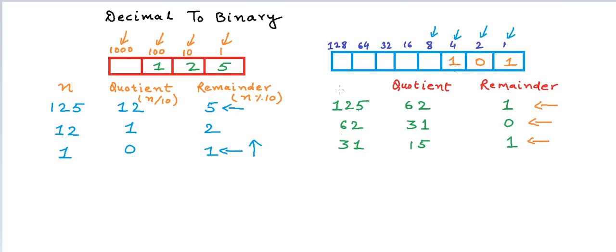So if we say that this particular column, the leftmost column, is n, then the quotient can be calculated as n by 2, and we take only the integral part of it, and the remainder can be calculated by n modulo 2, and we can keep on going and filling the digits from right to left.